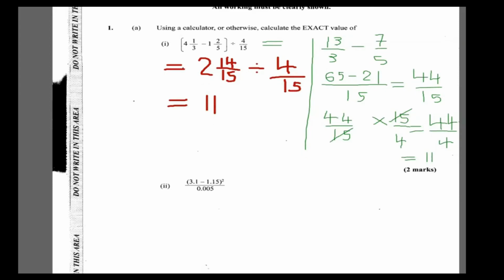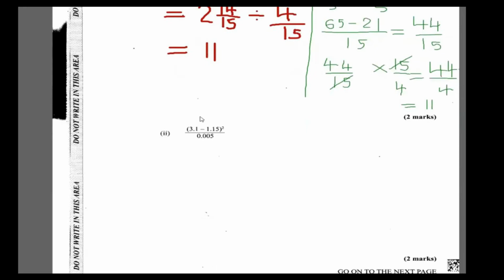Now part 2. Part 2 wants us to work out 3.1 minus 1.15 squared over 0.005. As I said, the best bet is to put it in your calculator. So it's going to be 3.1 minus 1.15, and then you square it. When you square it, you're getting 3.8025.